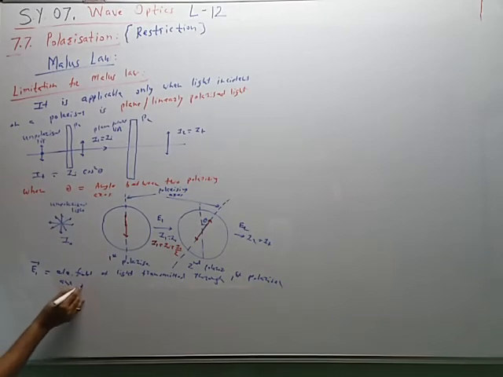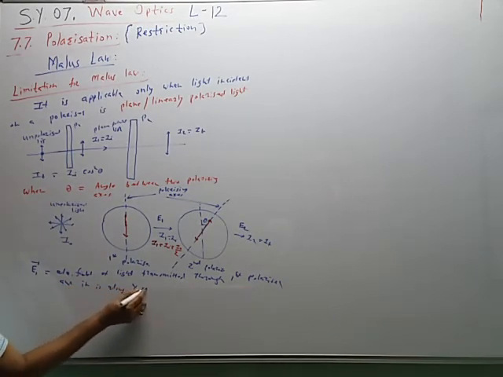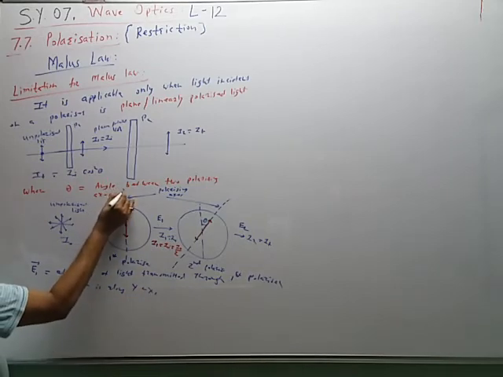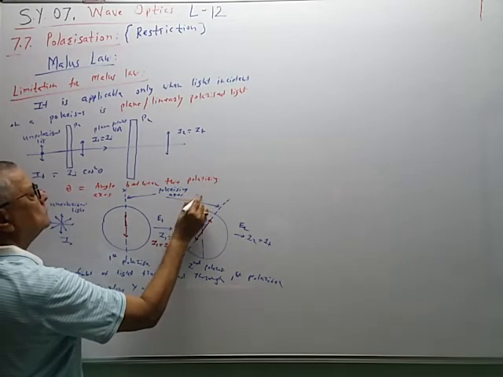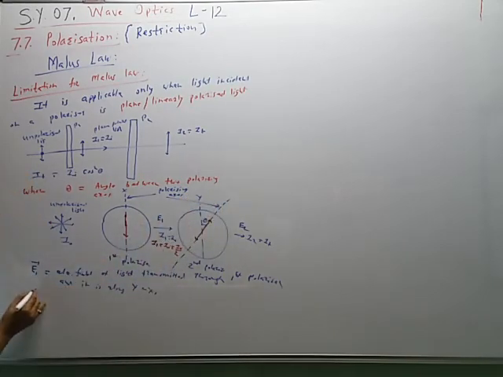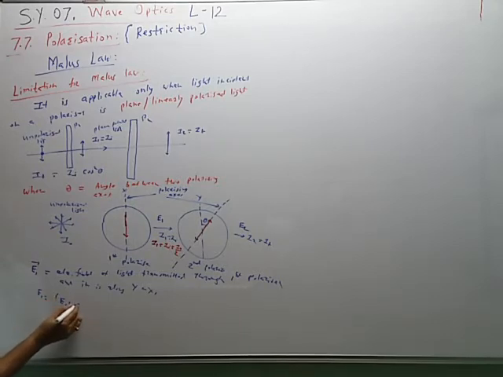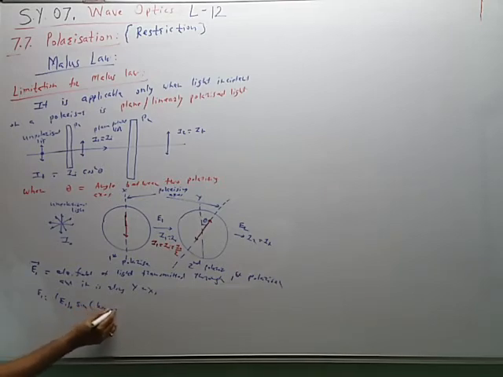And it is along the y-axis. We have taken the y-axis, at an angle theta. So E1 is equal to E1 0, the amplitude, into sine of kx minus omega t, into j. j is a unit vector along the y direction.